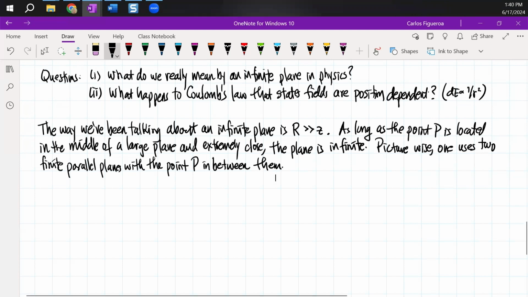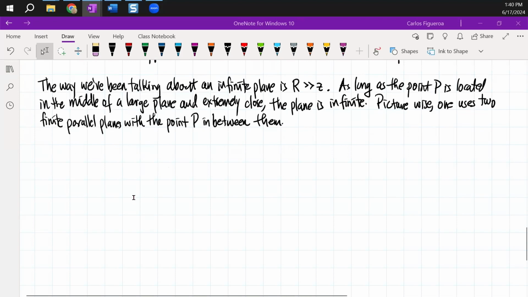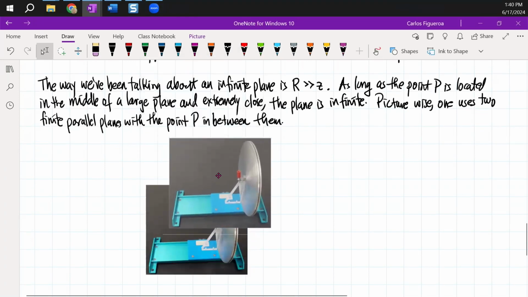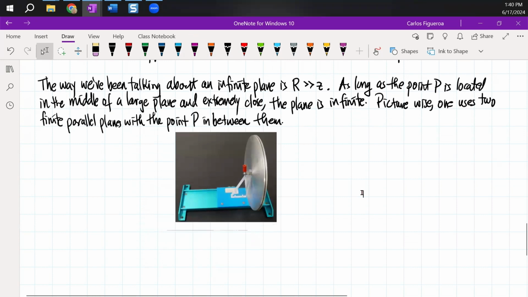Now you might ask the question, why do I need two? We don't, but it just makes it easier to see what we're talking about. So here's two parallel plates. If I put a little point in between these two plates that are really closely separated, and mine in the middle, I actually can't see the field at all.